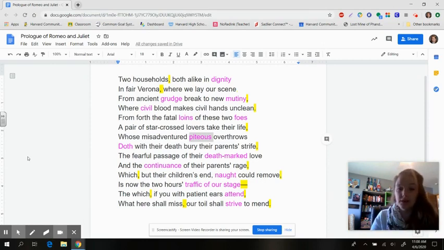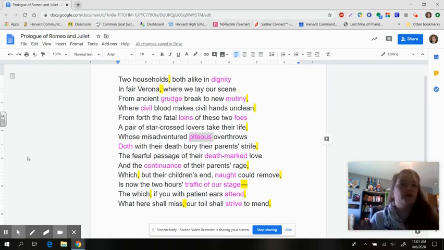So dignity, meaning the way that someone feels about themselves or their respect, the way other people look at them in society. Grudge is something you hold against someone, so something that you're mad about that you're not going to forgive them for. Mutiny is a sailing term, but in this case, they're talking about breaking out into a new fight or a new brawl.